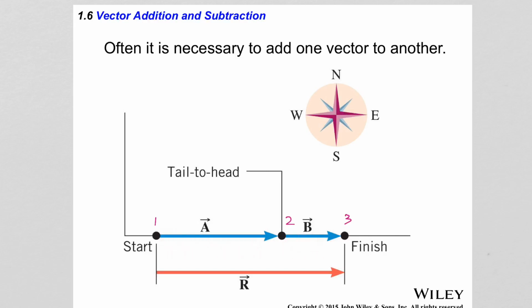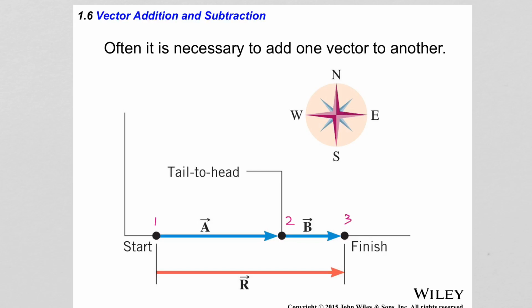I can now calculate the total displacement of the car by simply adding the magnitudes of those two vectors, accounting for direction. Both of those point in the same direction. So therefore, I can just simply place the tail of the second vector, vector B, at the head of the first vector, vector A, and then add the two magnitudes to get the resultant vector of this addition, or that is the total displacement of this car.